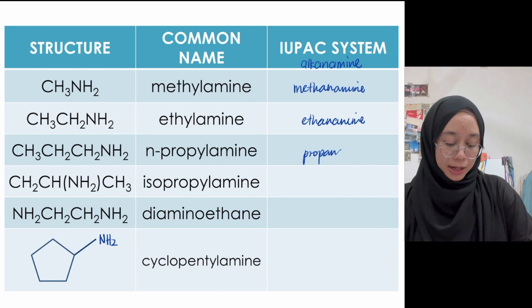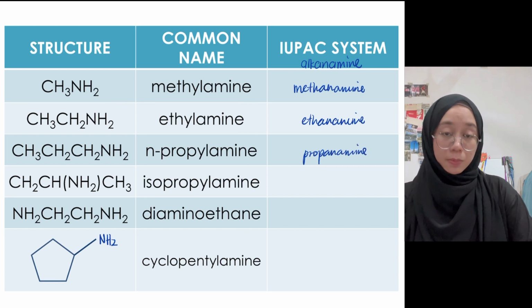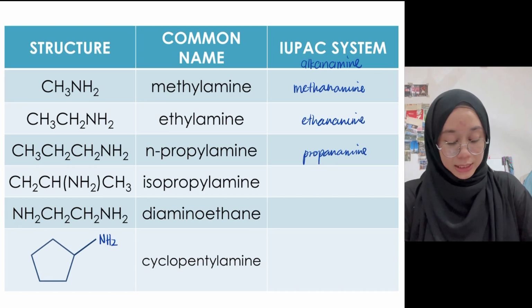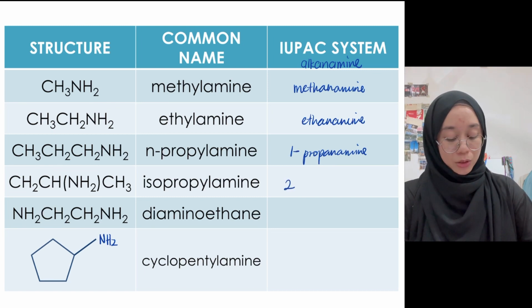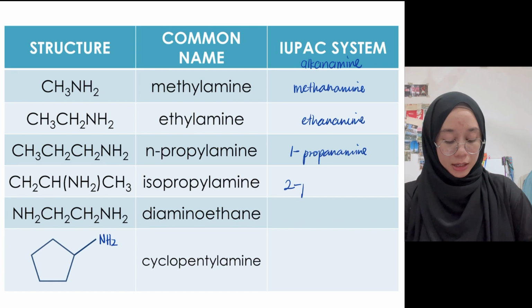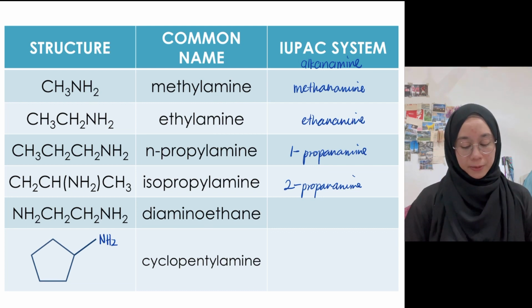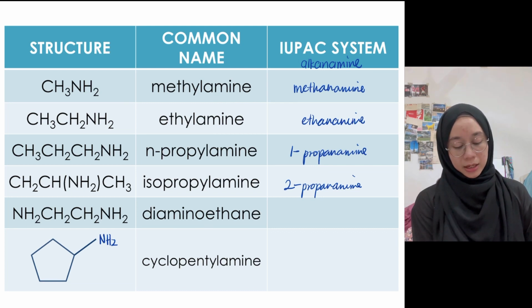Tapi bila dah ada 3 carbon, so there is a possibility that the amino group attached kepada carbon number 1 or carbon number 2. In this case, dia adalah 1-propanamine. So untuk yang isopropyl amine ni, nama dia adalah 2-propanamine.